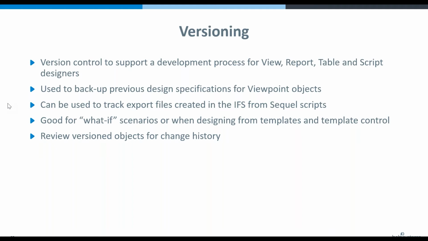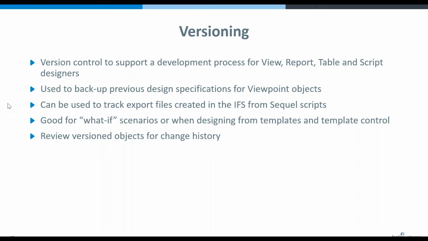So when exporting these production files to the IFS with an execute command, that command could be set up with the parameter to enable a versioned copy or an archived copy of that output to be saved on your system. And we'll review both of these methods in the next few minutes.